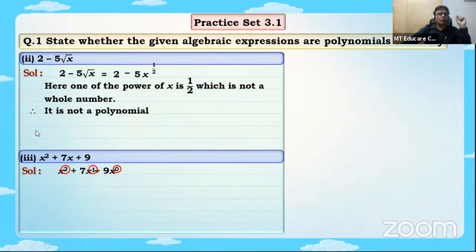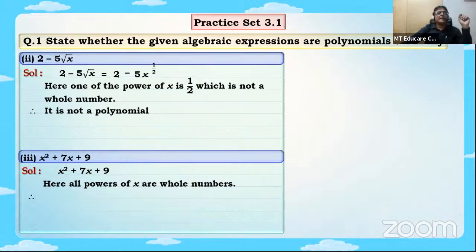Now check the powers. All three powers are power 2, power 1, power 0. Whether 2, 1, 0 are whole numbers? Yes, absolutely they are whole numbers. Therefore, the given expression is a polynomial. Very simple. I hope everybody has understood, students. We are just supposed to check the powers.